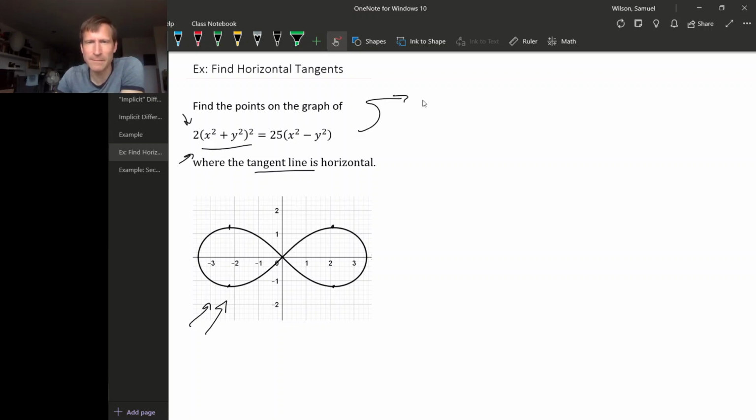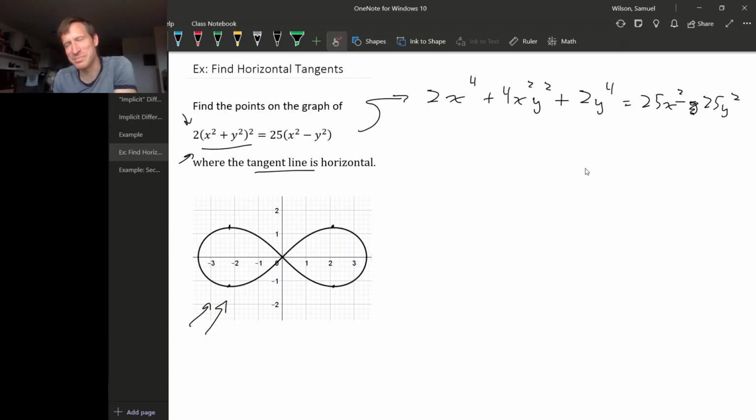So let's do that. We get 2x to the 4th plus 4x squared y squared plus 2y to the 4th. And then on the right-hand side, 25x squared minus 25y squared. Now I have doubts that multiplying it out was the right thing to do, but it'll work either way.